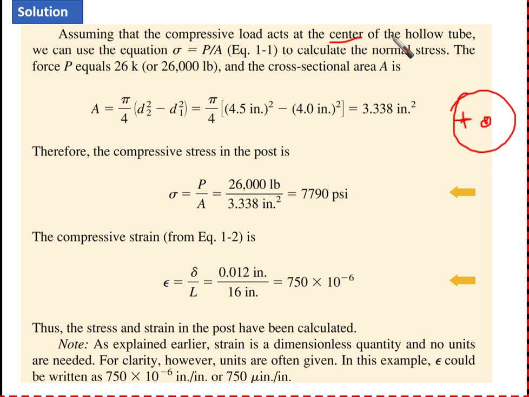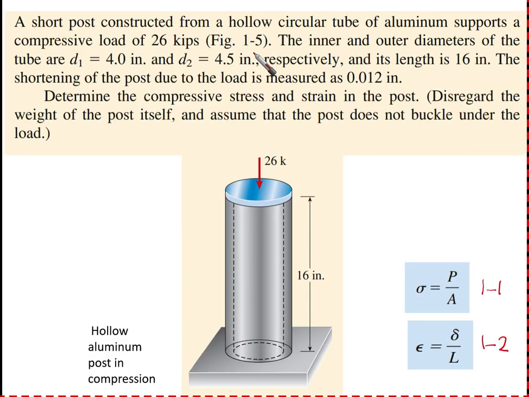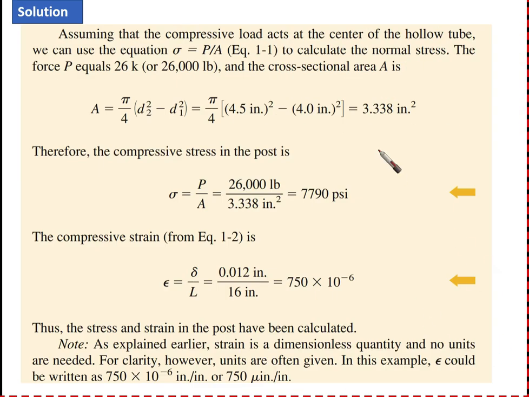We can use the equation sigma equals P over A, equation 1-1, to calculate the normal stress, and the force P equals 26 K, or 26,000 pounds. Take care of the conversion of units.